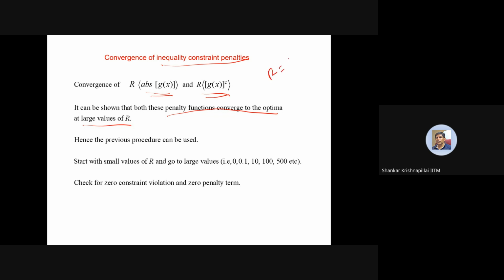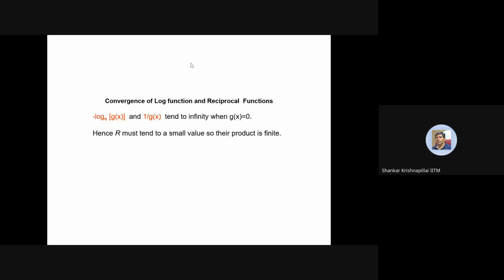You have to try small values of r and step by step increase it, and check the convergence of the solution and also check the penalty. These two penalty functions behave in the same manner as the parabolic penalty function, so we will not look further into that. We can accept it as it is.